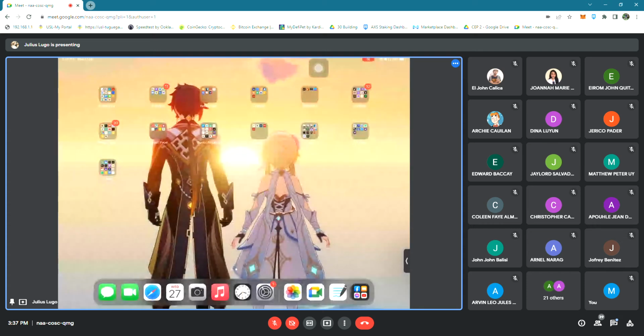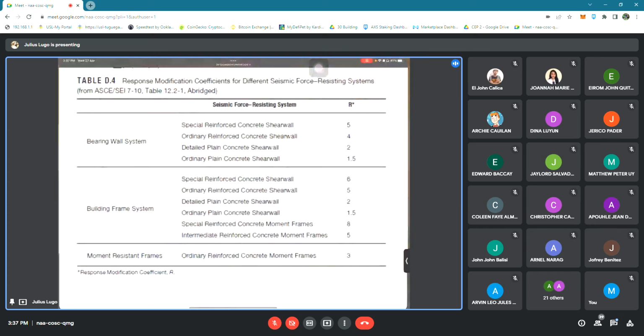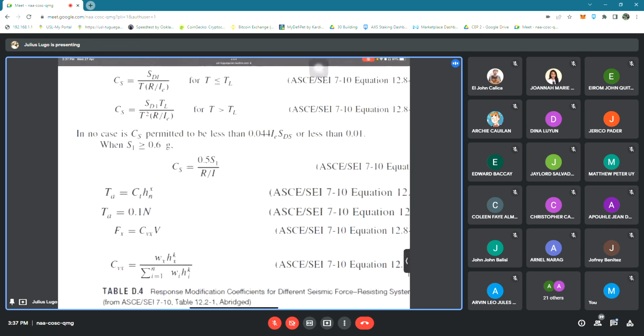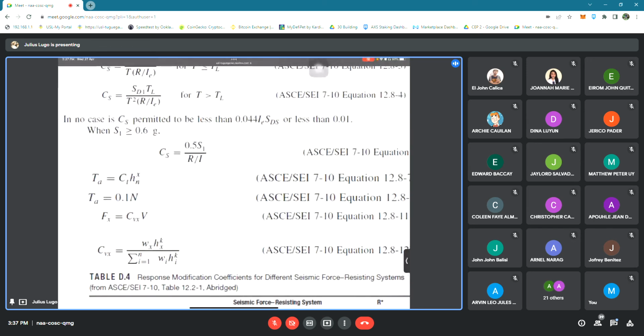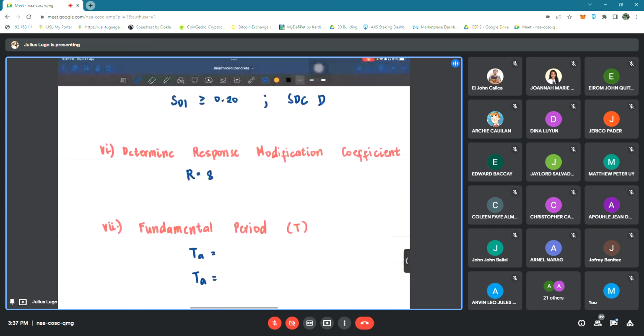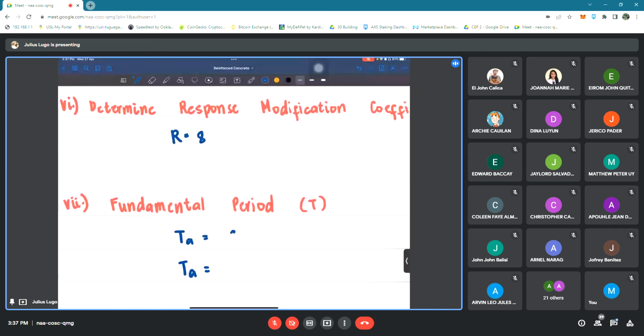Ayun guys, so you have here TA value. So we have CTHX raised to X and then 0.1. And gamitin niyo yung mga mata ninyo. Okay. So sulat ko dito CTH and raised to X and then 0.1.